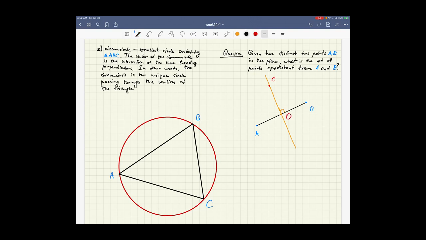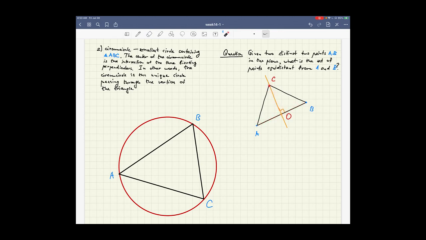Then I claim that the triangles AOC and BOC are equal. Why is that? Well, they are right triangles that share one leg, and the other 2 legs are equal.